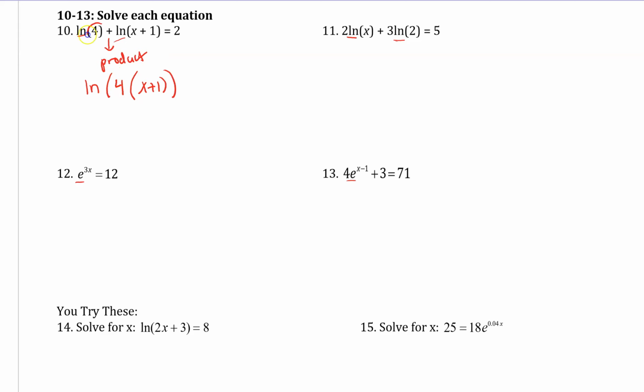So I multiply the two inputs of these logs that we're adding previously, and that combines them into one log, and that equals 2. And then I have to remember what ln stands for, right? It's an abbreviation for a log base e. And while we're at it, I'm going to go ahead and distribute the 4 inside the log there.